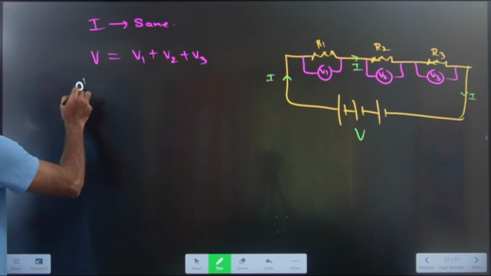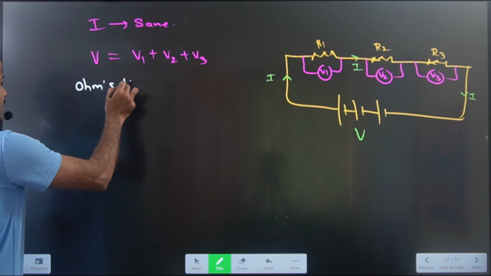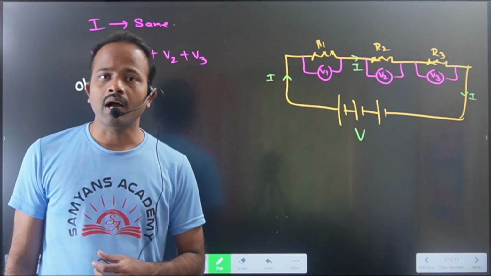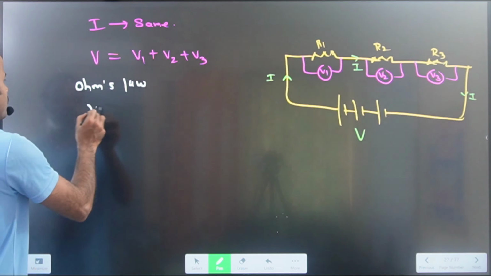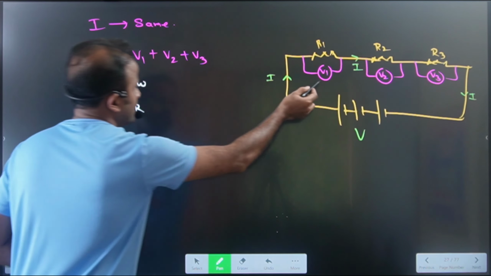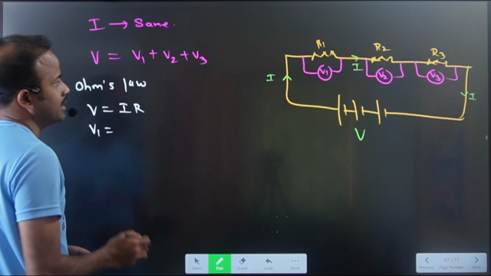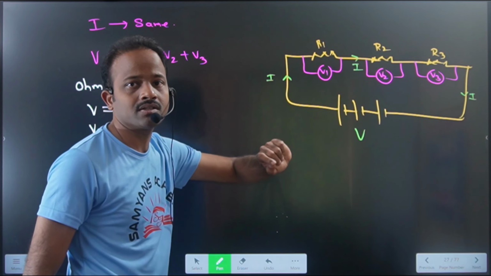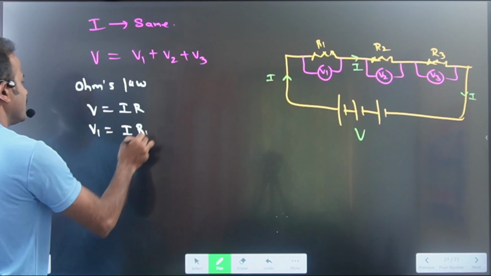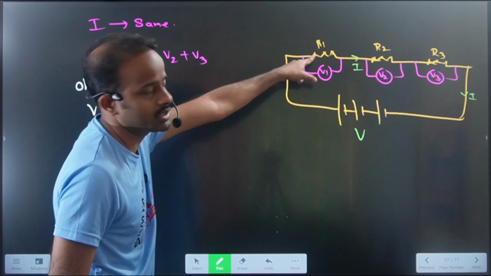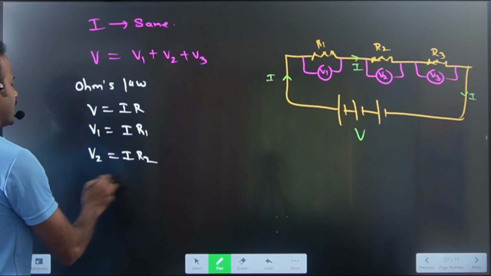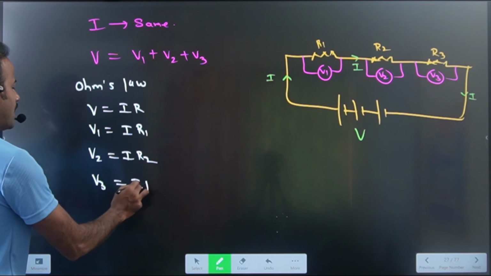According to Ohm's law, what is the relation between V, I and R? V = IR. So V1 is the voltage across the R1 resistor, and the current flowing through it is I, which is the same everywhere, and the resistor value is R1. Then V2 = IR2, similarly V3 = IR3.